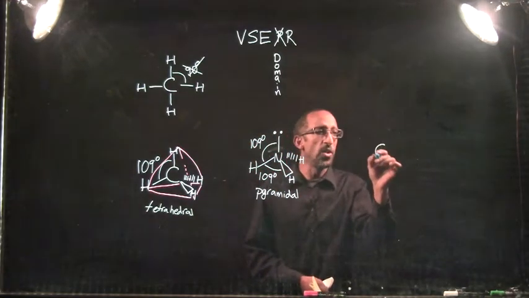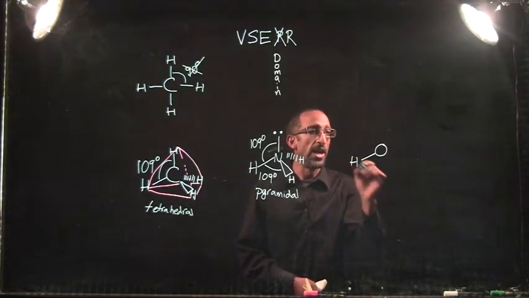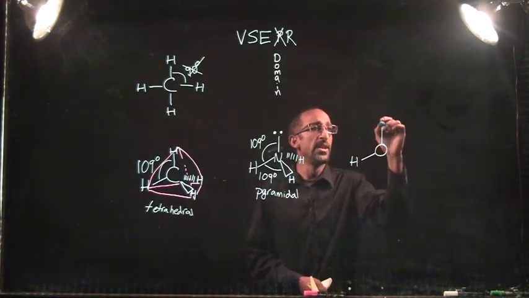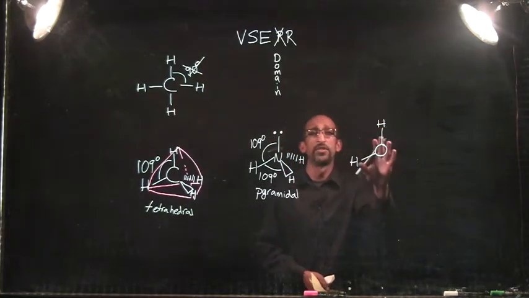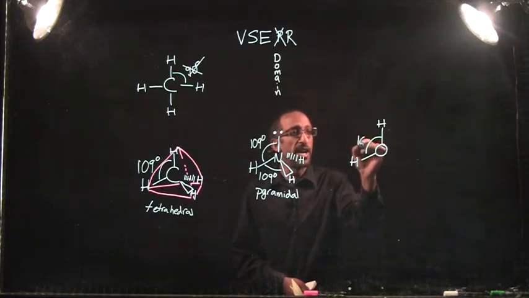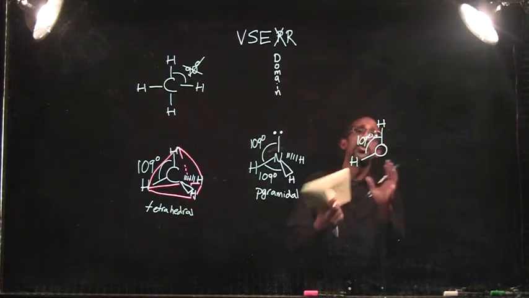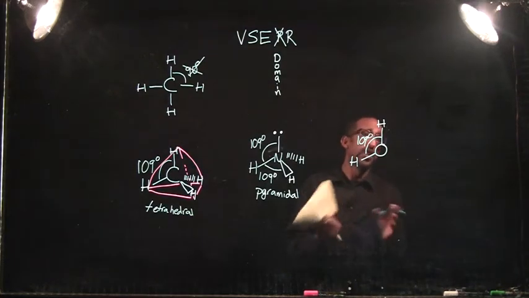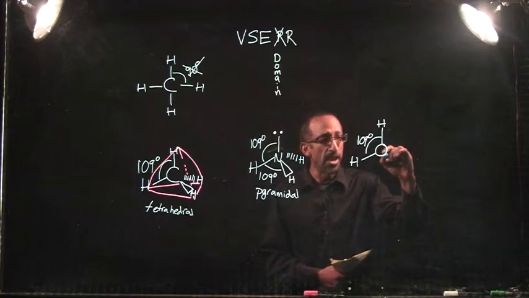So water is only comprised of 3 atoms. So we have our oxygen in the center and our 2 hydrogen atoms, and I'm going to go ahead and put all 3 of those atoms in the same plane. We're going to have a 109 degree bond angle, which means we're going to need 2 more electron domains to satisfy that, and that's satisfied by the lone pairs on oxygen.